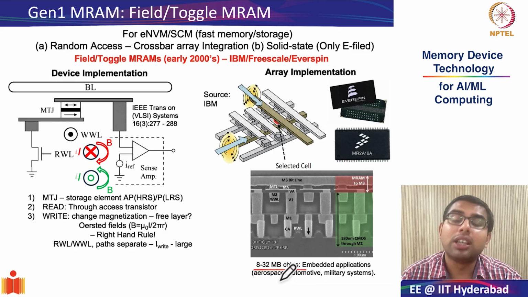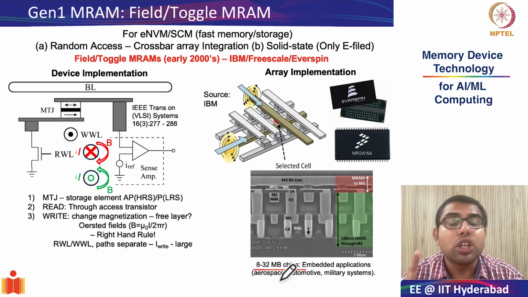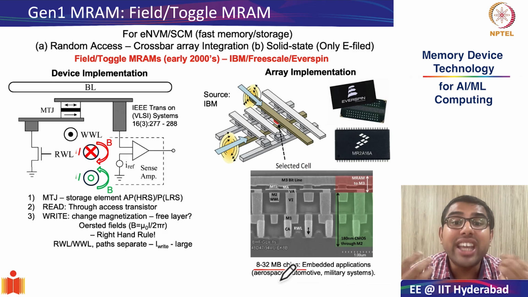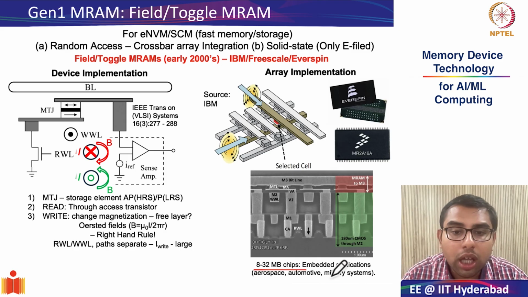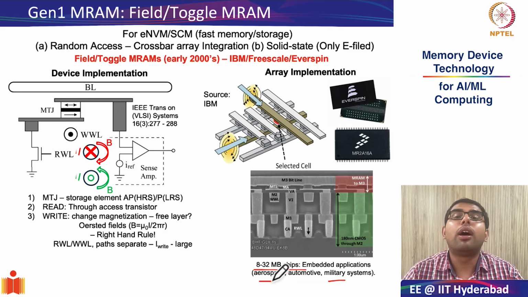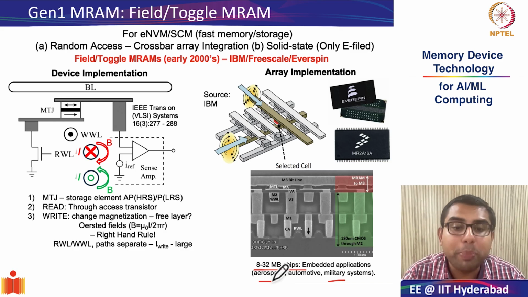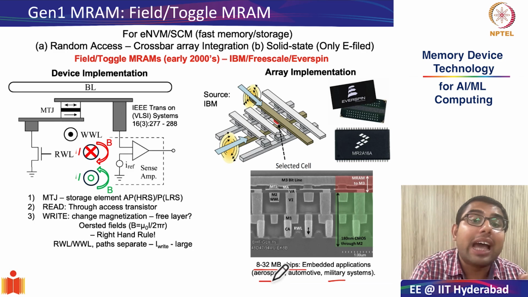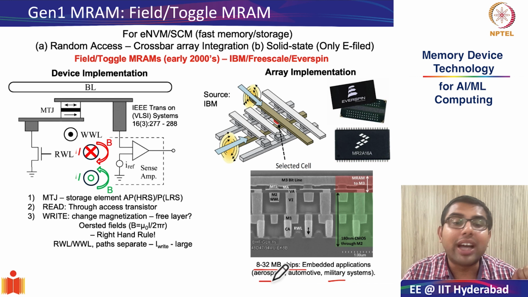This is because spin based storage and logic is generally immune to radiation effects, and that is why military and aerospace systems, which are exposed to the outer surfaces of space, generally prefer spin based devices for better reliability as compared to charge based devices.